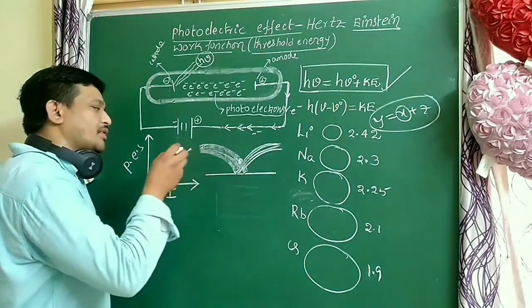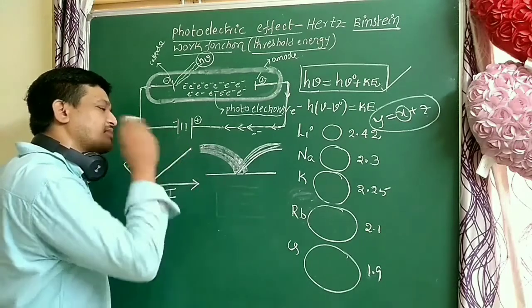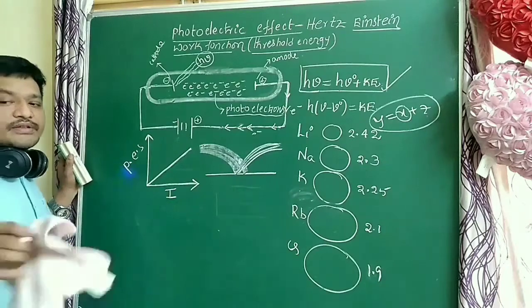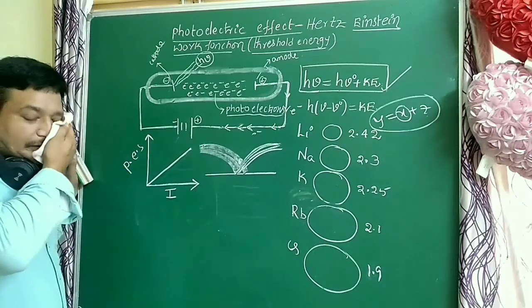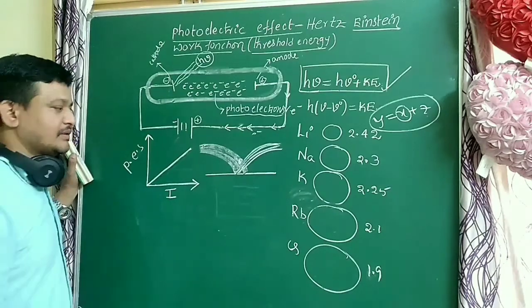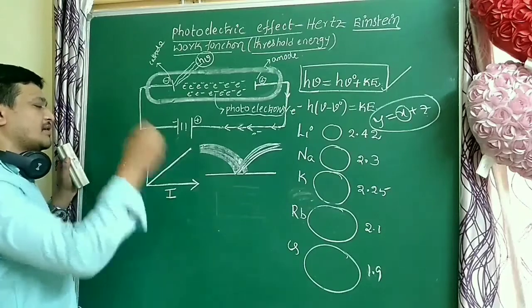So the number of photoelectrons increases with increase in intensity of the radiation. That is very, very important, students.